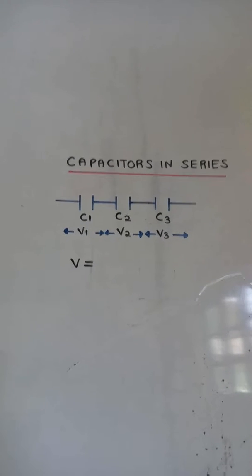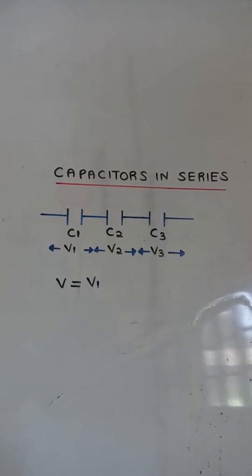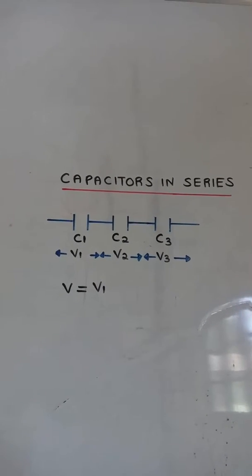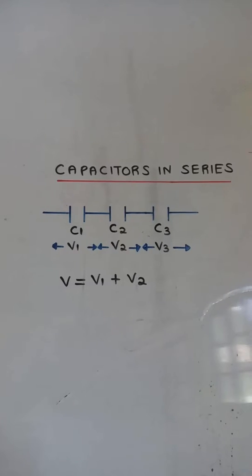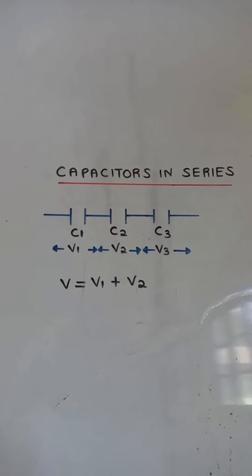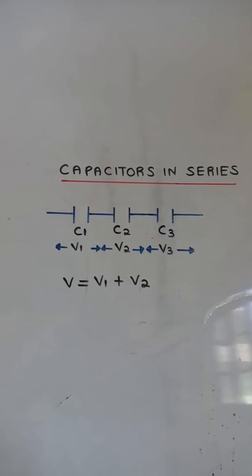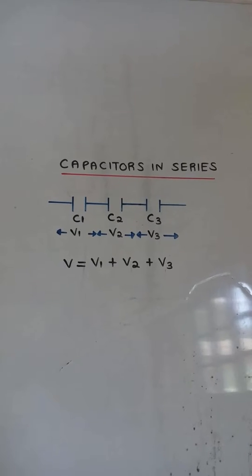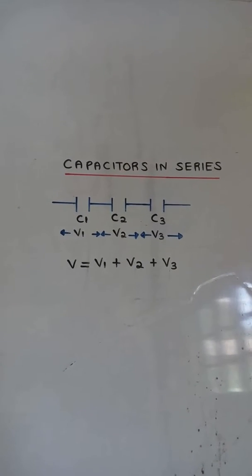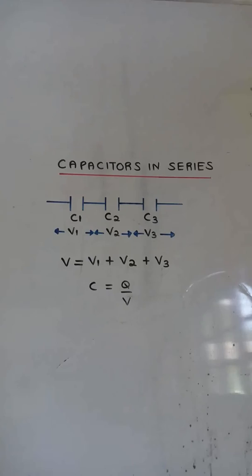Then total potential difference is equal to potential difference between the plates of capacitor 1 plus potential difference between the plates of capacitor 2 plus potential difference between plates of capacitor 3.